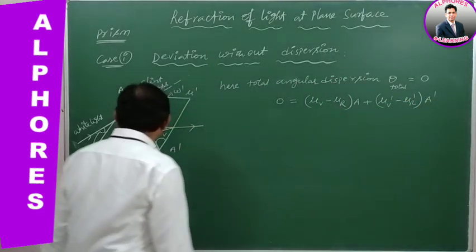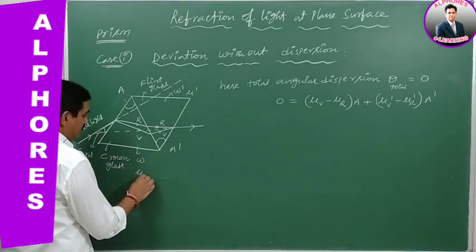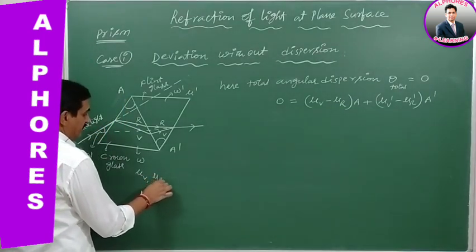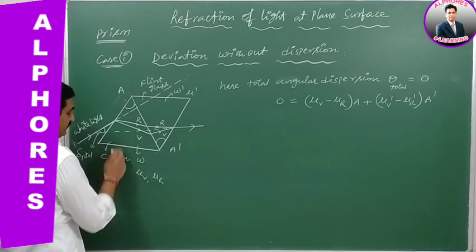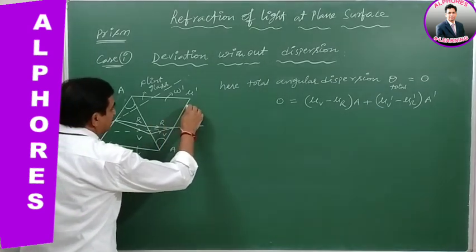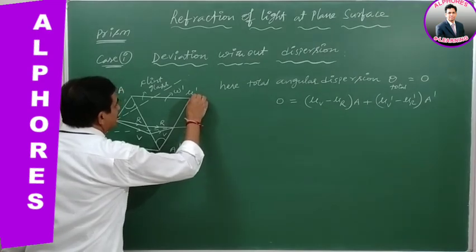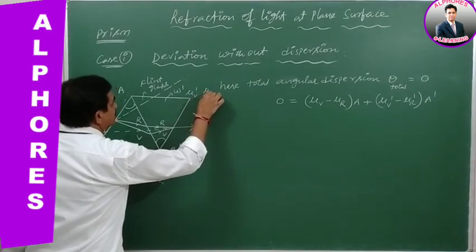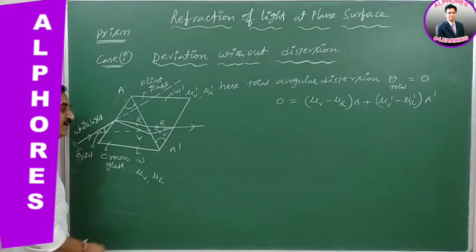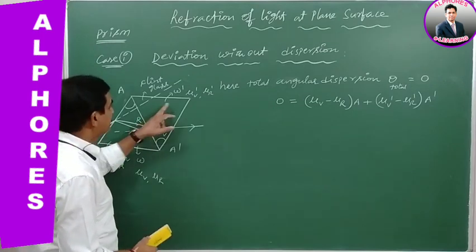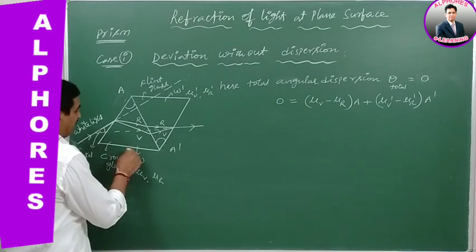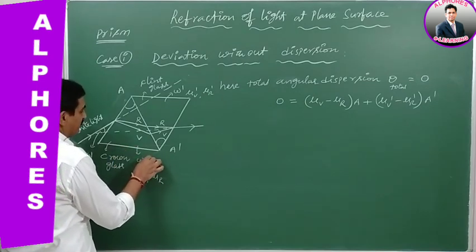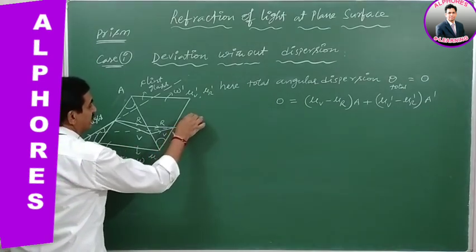Of course, here mu v and mu r are the refractive indices of the first prism, and for the second prism mu v dash and mu r dash are the refractive indices for the material of the prism for violet and red colors respectively. And this is mu, the refractive index, this is mu dash.